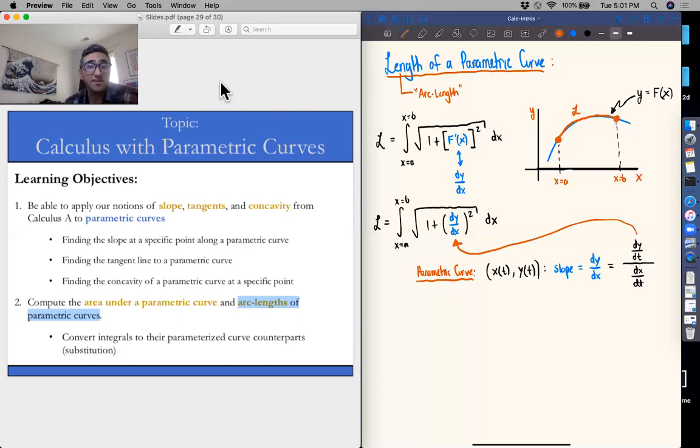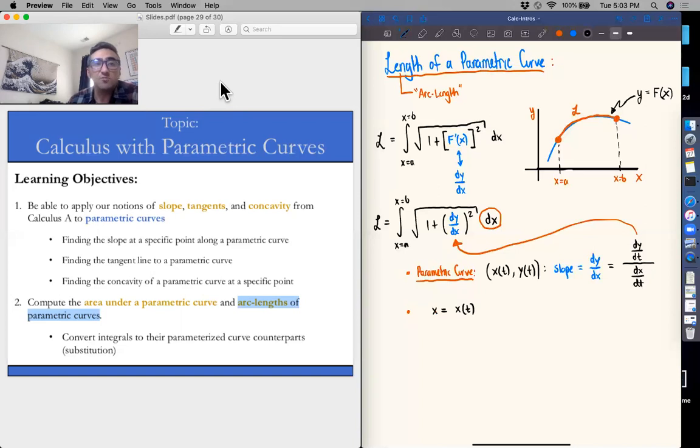The other thing we can do is similar to what we did for calculating the area under a parametric curve. We need to change that dx into a dt because we want to integrate with respect to the parameter now. And we can do this a couple different ways. One of these ways is we note that x is equal to a function of t.